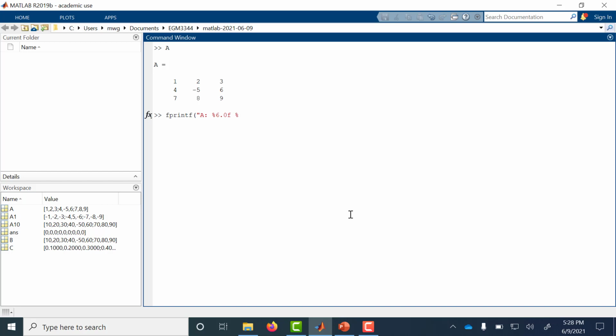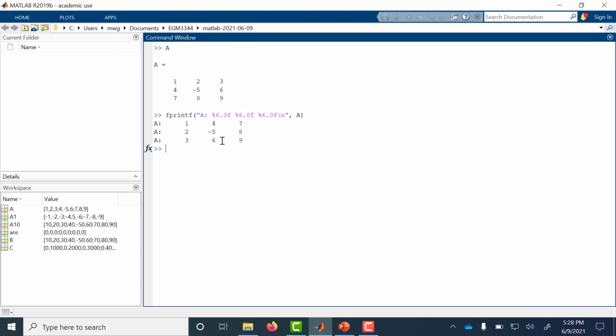It's an integer matrix, so I thought I'd do a field of 6, floating point with .0 meaning no decimal shown. That's a formatted print. I should be able to print that, and it should do 3 rows of A.